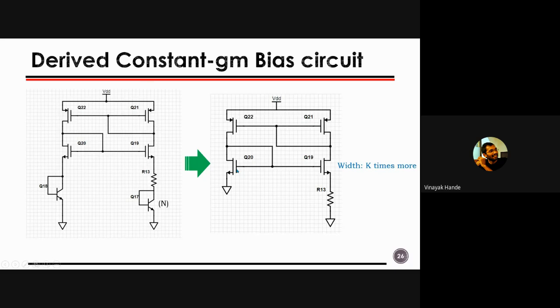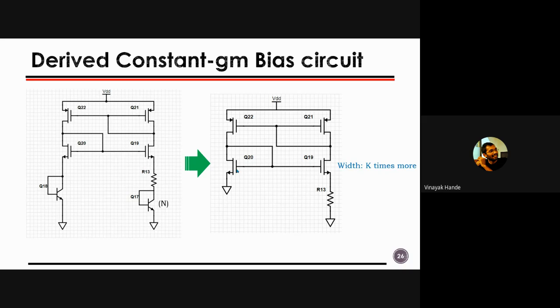Otherwise KVL will not get satisfied, or even if KVL is getting satisfied, R3 will not have any current, right? Because both the VGS will be equal to each other. So it is important that Q19 should have K times more, and if K is equal to 4, you will get the famous constant GM bias circuit, right?